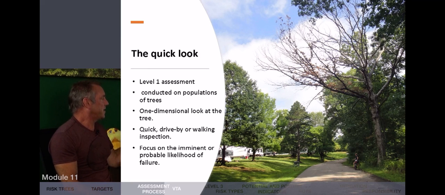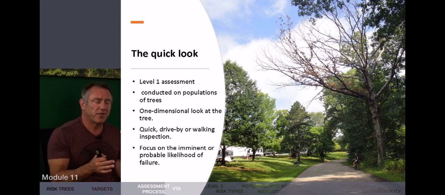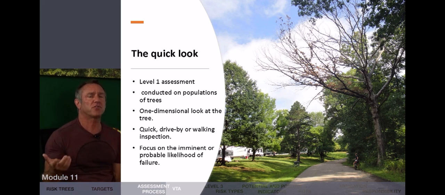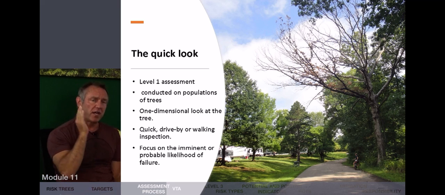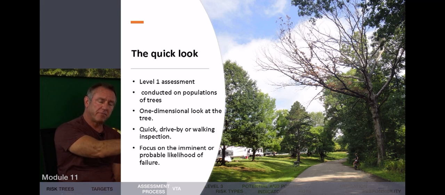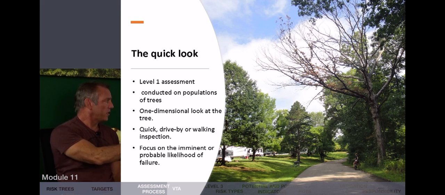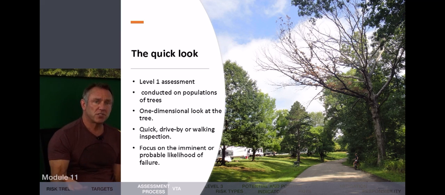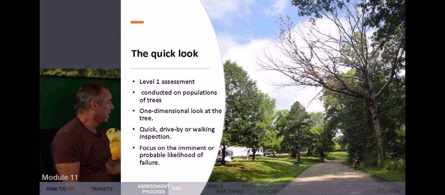So level 1 assessments are typically conducted on populations of trees, and this is what we call kind of our quick look for the obvious. This is typically used like after a storm. The urban forester might drive a certain area that may be affected by the storm and look to see if there's another tree that may need a level 2 assessment or a further look to determine its level of risk.